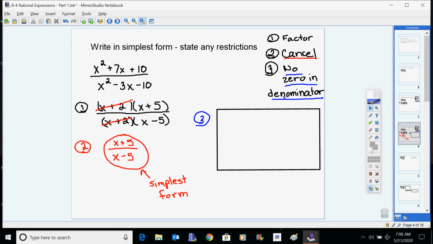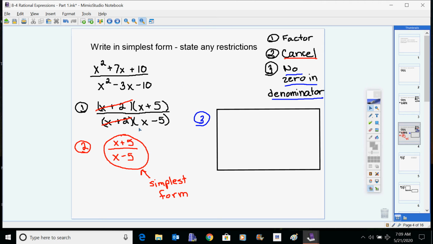But we're not done until we make sure that there are no zeros in the denominator. You have to have those restrictions, so it's not just a restriction for the final answer, but in any step, if there was something that would make 0 in the denominator, that is also a restriction. So for example, with x plus 2, x can't be -2 because that would put a 0 in the denominator of the original rational expression.